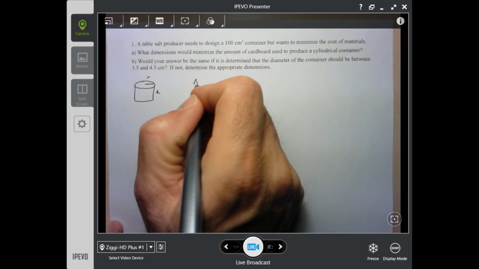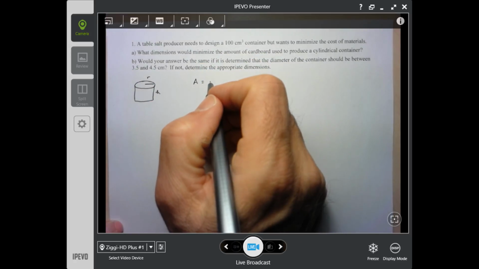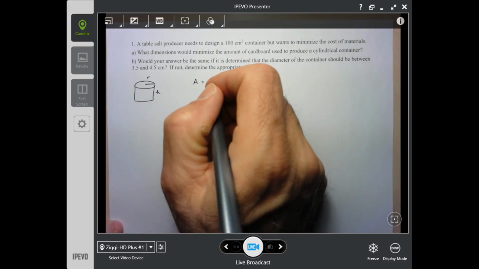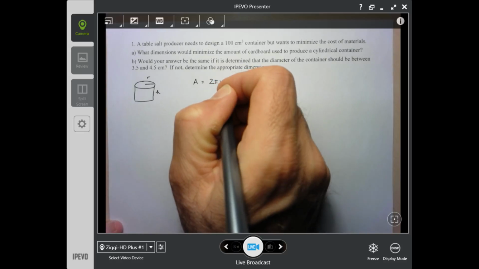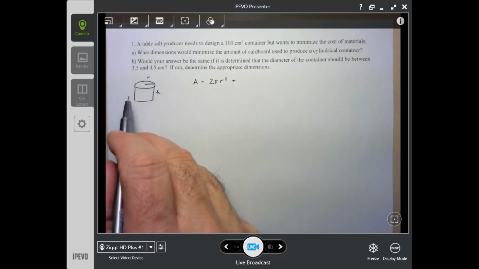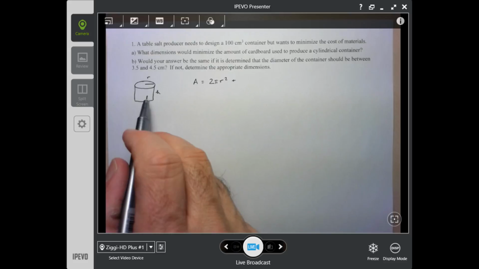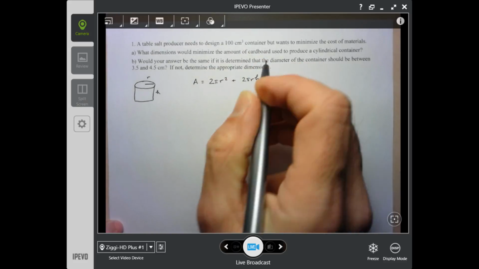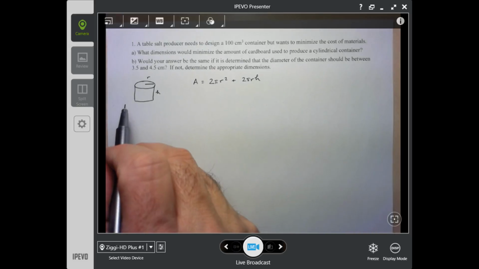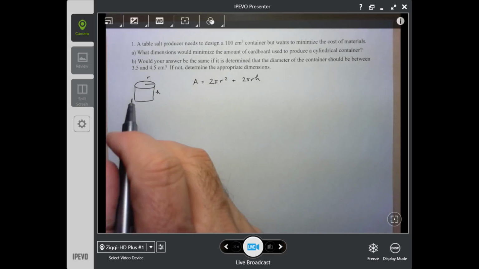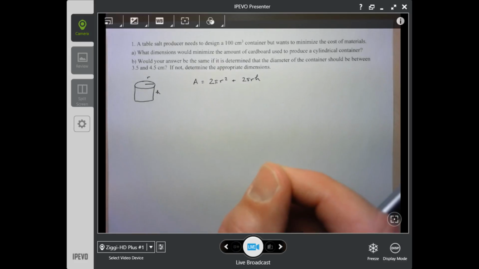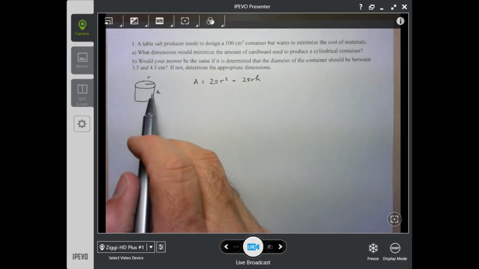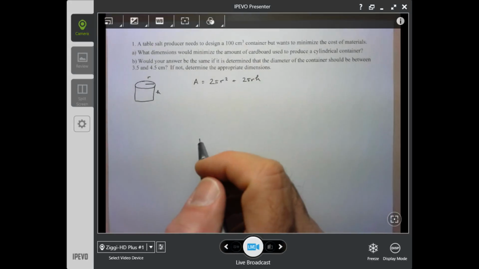And we know that the area is equal to 2 times the top and bottom, so 2 times the area of this circle, so 2 pi r squared, plus the area of that side portion, which is just given by 2 pi rh. Remember that 2 pi r represents the circumference, and it's like you're folding out that side part, and then you're multiplying by the height of a rectangle. So there's your 2 pi rh.